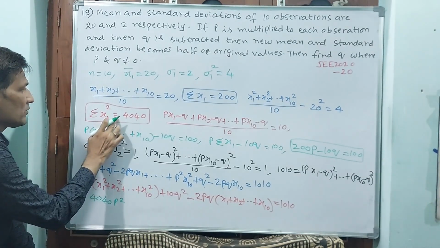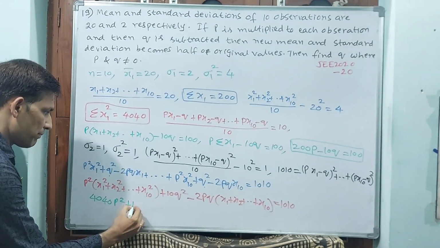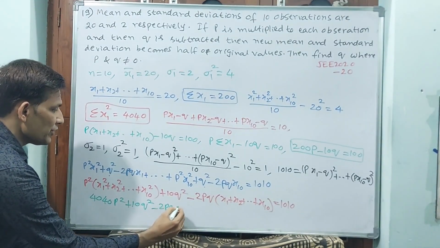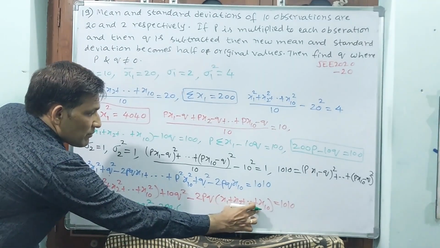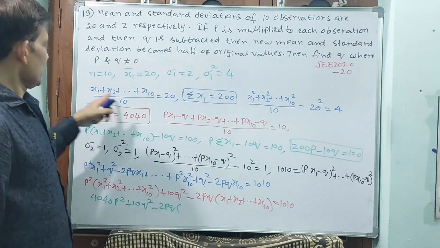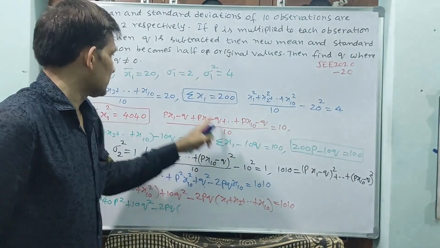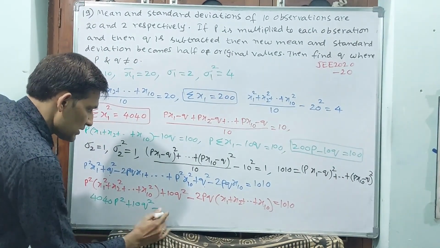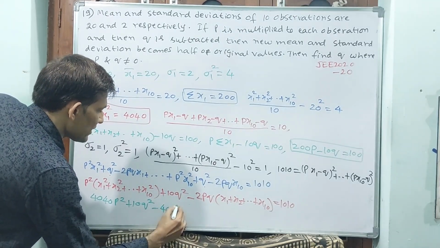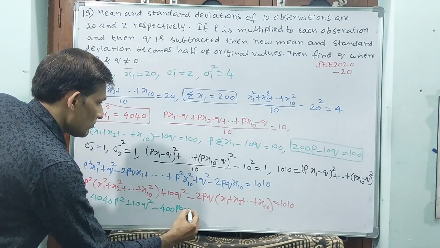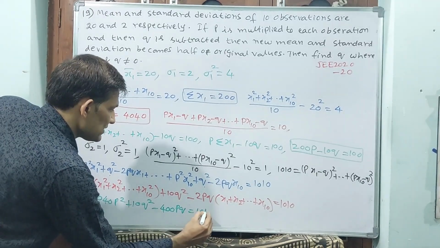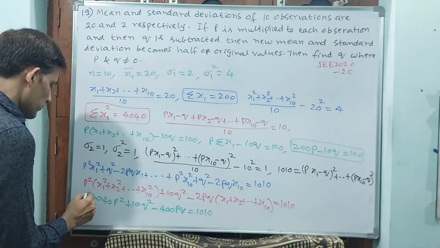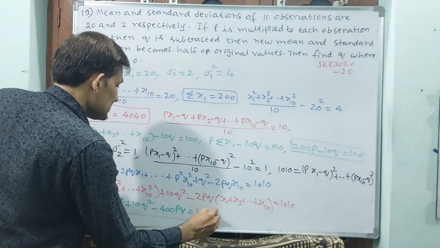P square into 4040 plus 10 q square minus 2pq into sigma x1, x1 up to x10, that means 200. Shall I write minus 400 pq? Minus 400 pq is equal to 1010. Okay, this is equation number 2.